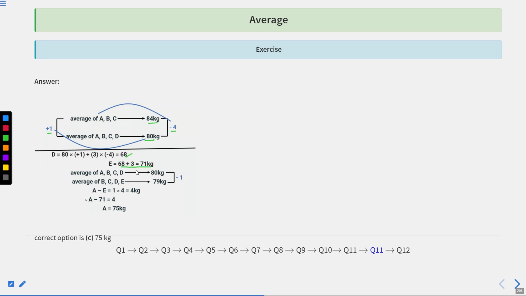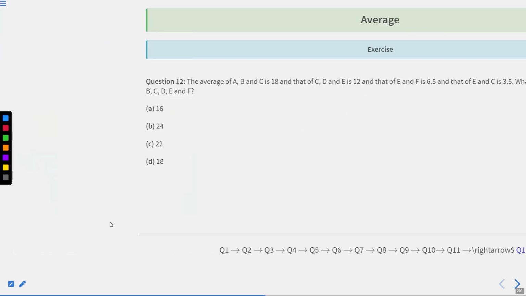The average of ABCD is 80 and BCDE is 79, that is also given to us. So deviation is -1. So A minus E is going to be 1 times 4 equal to 4. So A minus 71 equals 4. So A is 75 kg. So the correct option here will be C, that is 75 kgs.